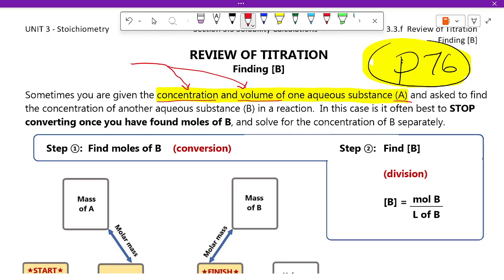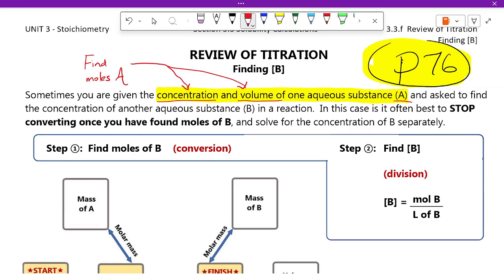You can calculate moles. So you're going to use that to find moles of substance A. Could you do that last year? Yeah. Okay. You'll take your liters times your moles per liter and you'll get moles.